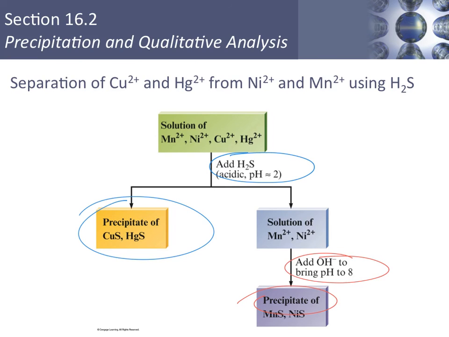You can read pages 772 to 774 in your textbook to learn about a scheme used for qualitative analysis which selectively precipitates out metal ions.